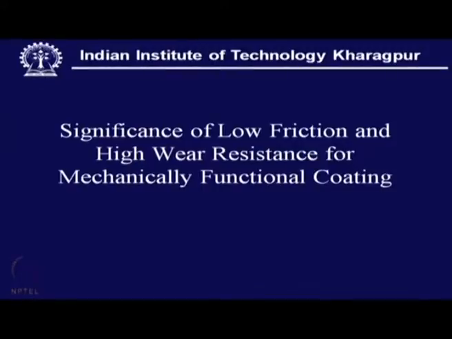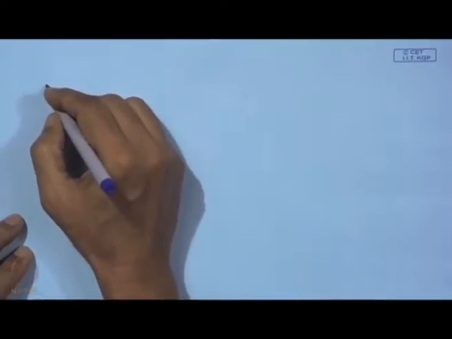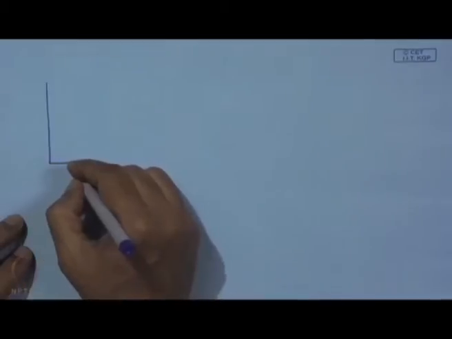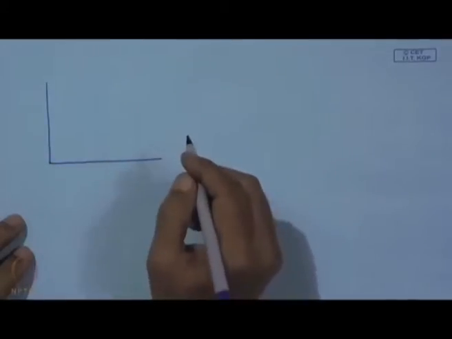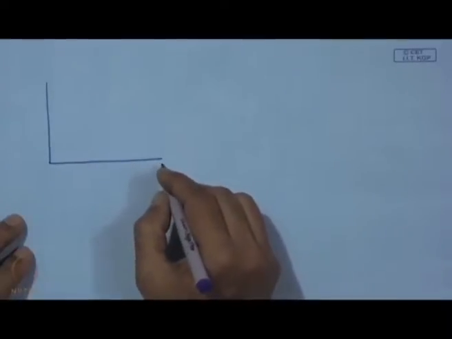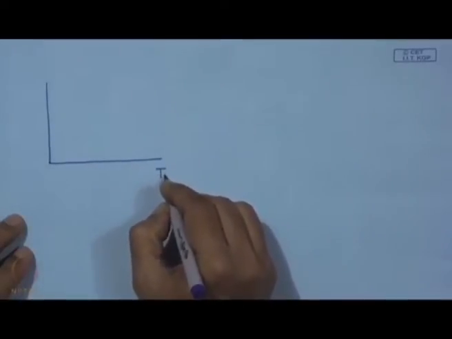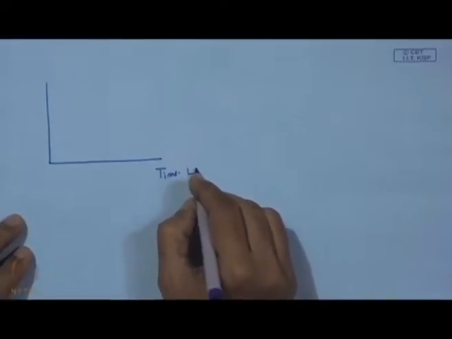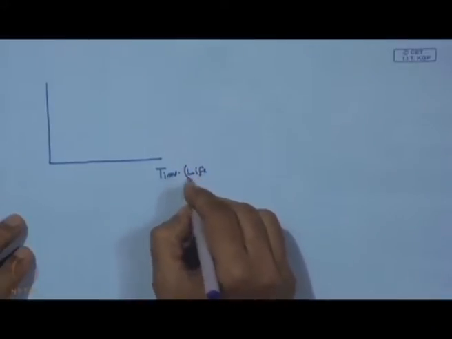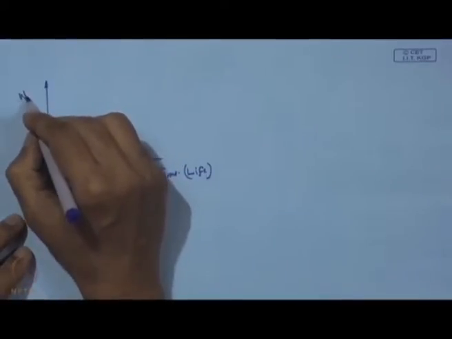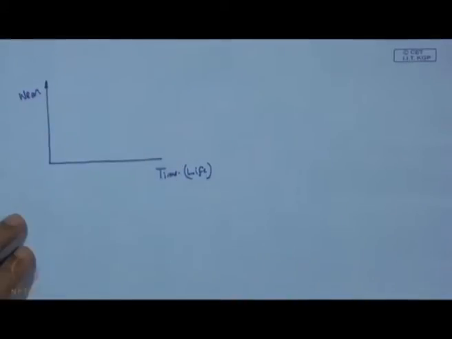So, we now consider a mechanically functional component, and for any mechanically functional component we can draw such a graph. On the x axis is the time scale, or what we can call the service life of that part, and on this axis is the wear of the part.